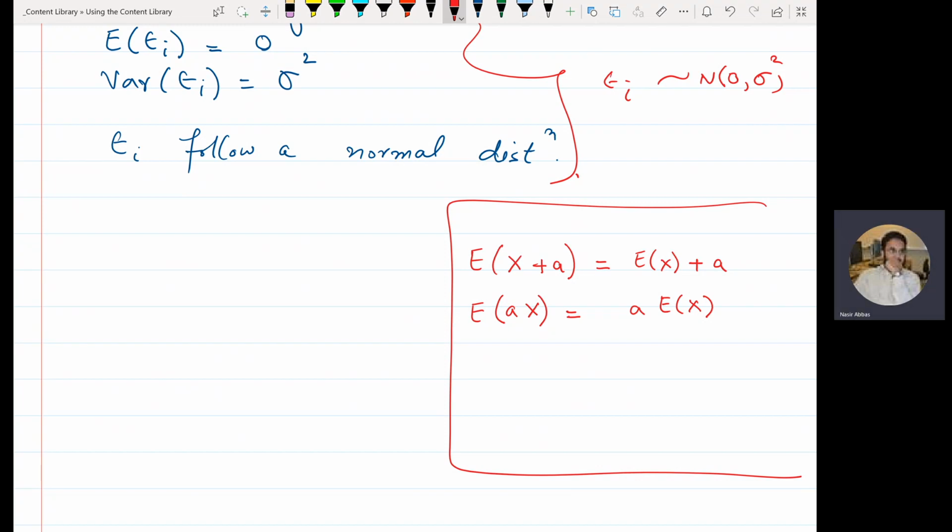The first one is that if I have a variable X and its mean is 7, in each of the values of X, if I add 2 and try to find the mean of X plus 2, the mean of X plus 2 will be 7 plus 2.